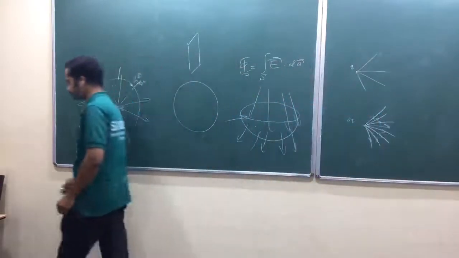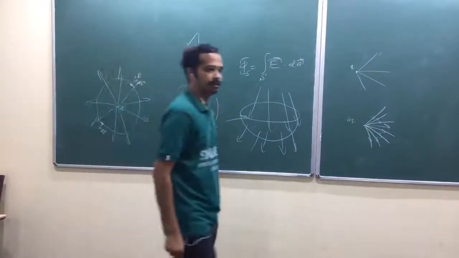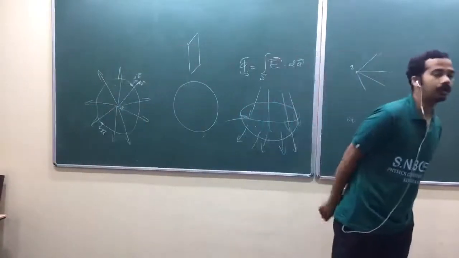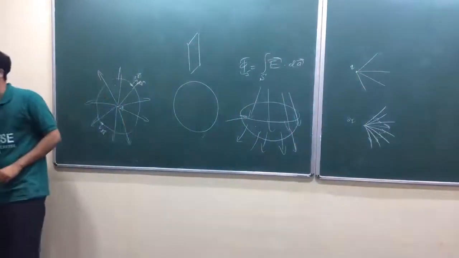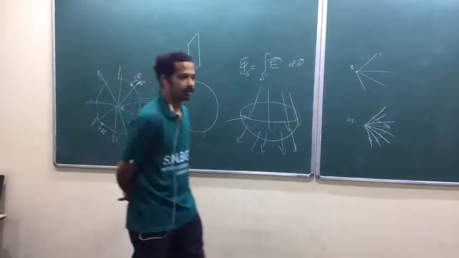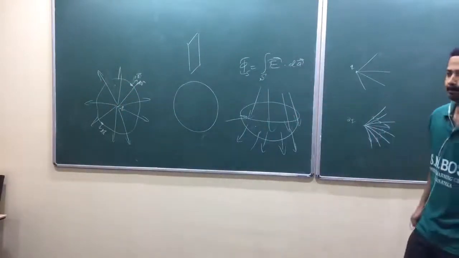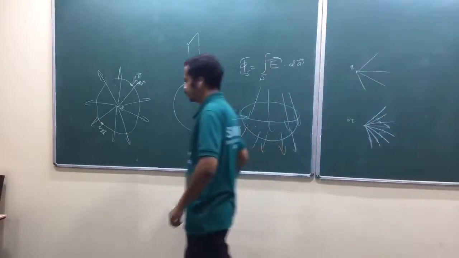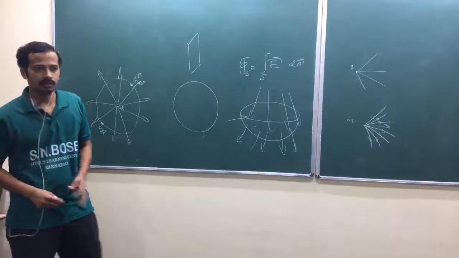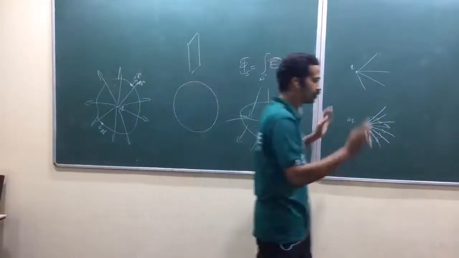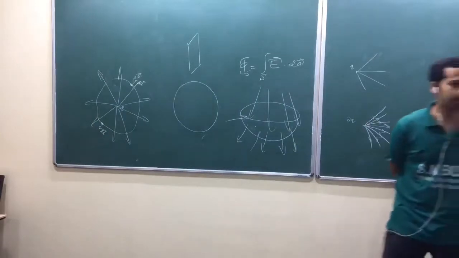So write that sentence. Choice of, or choosing, the dA vector outward from the region of a closed surface, and that dA vector should be perpendicular to that patch.